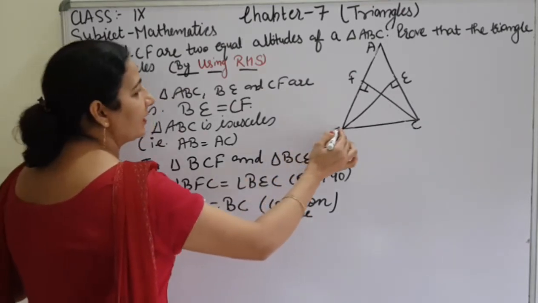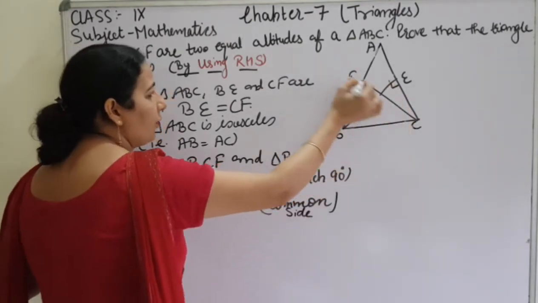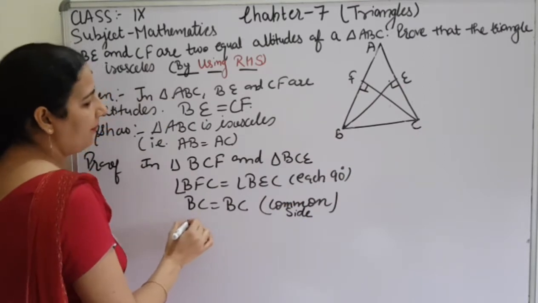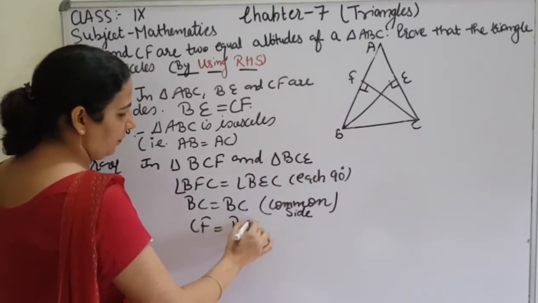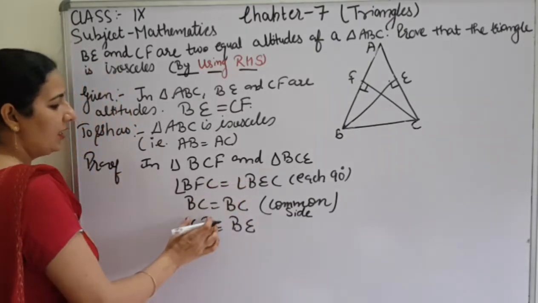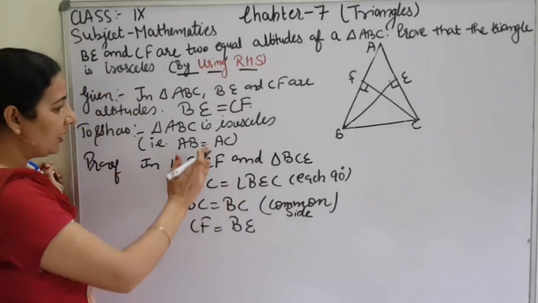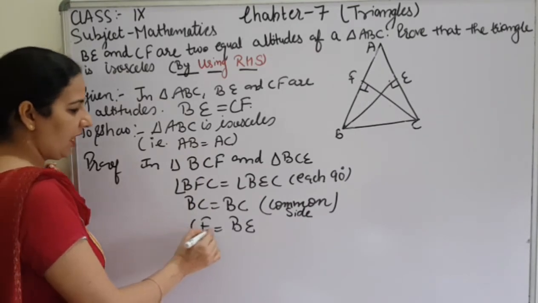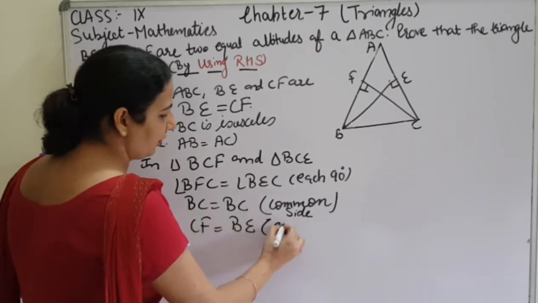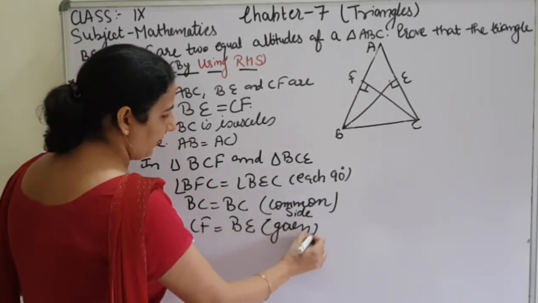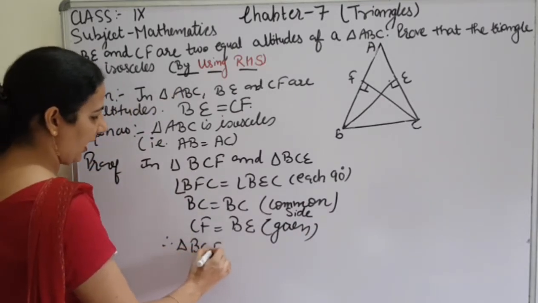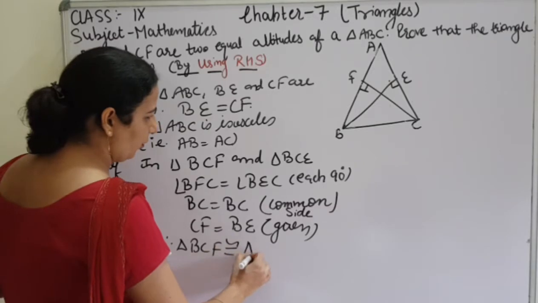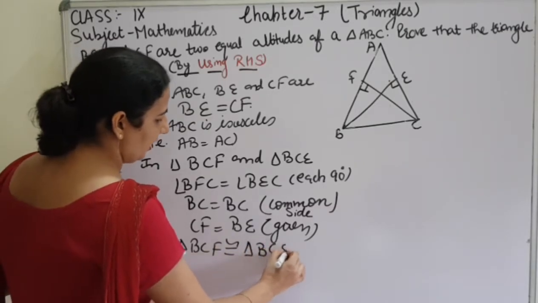Then the next is BE equals CF. Why BE equals CF? We have to write the sides and the angles of this triangle in this order, so CF is equal to BE, and the reason is that it is also given. Therefore triangle BCF is congruent to triangle BCE.